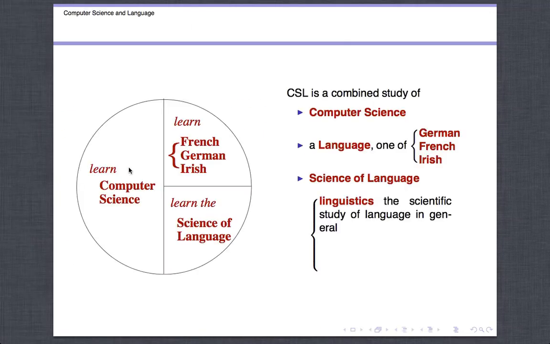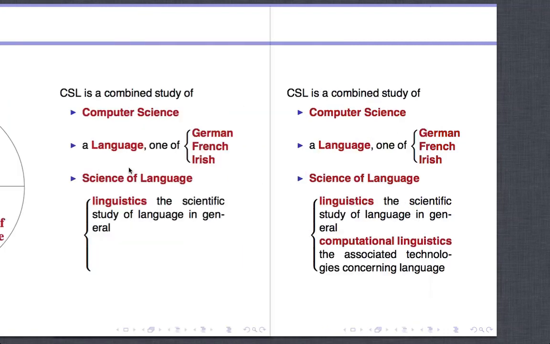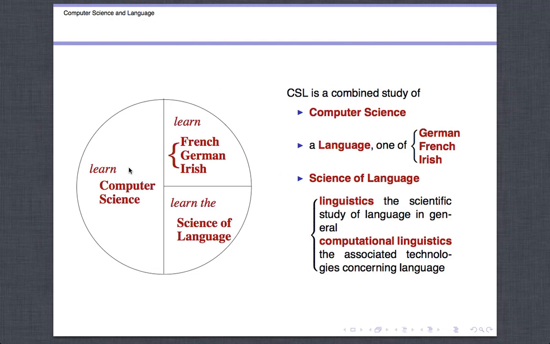Linguistics is the name given to the scientific study of language, and that will be a further component of the course. And computational linguistics is the technological payoff of scientifically studying language, to make computers do useful things with language. So in one slide, those are the three components of the course.